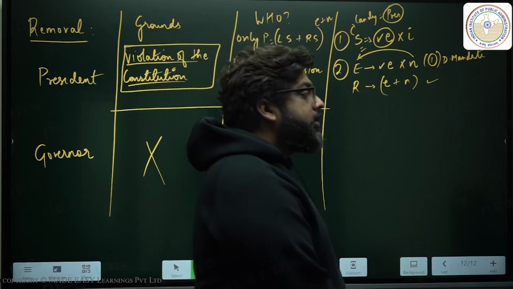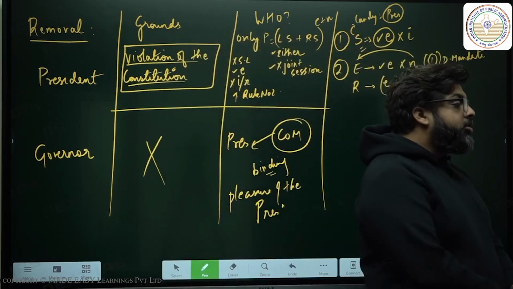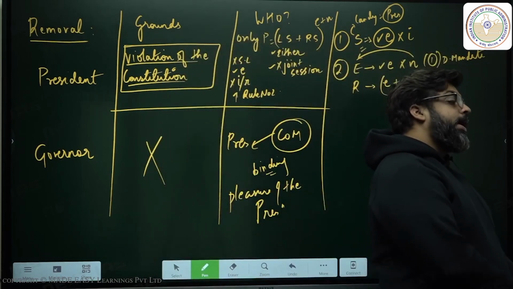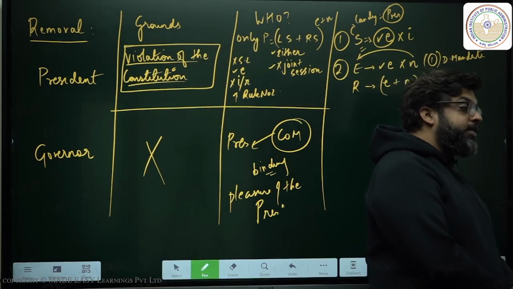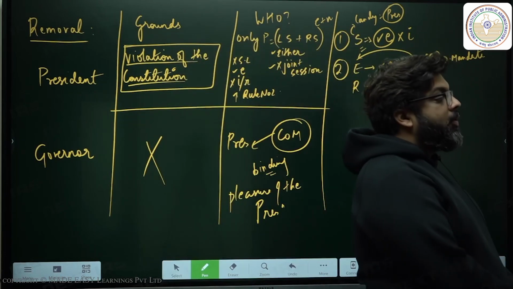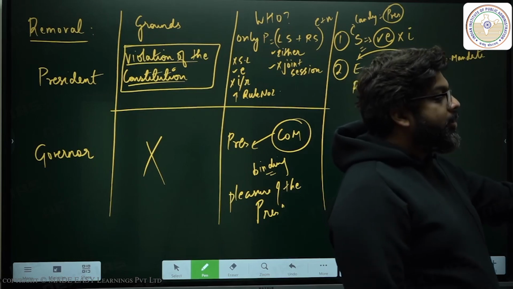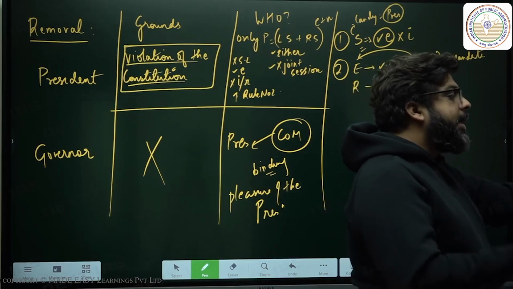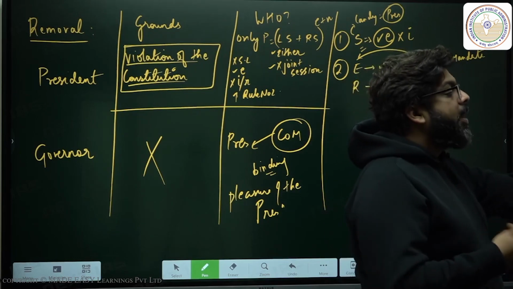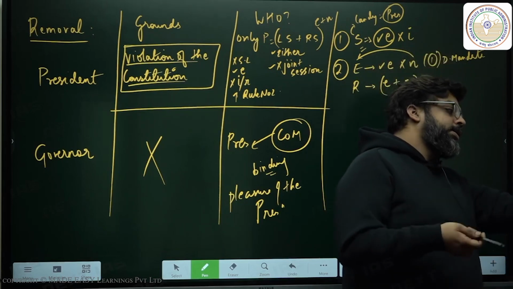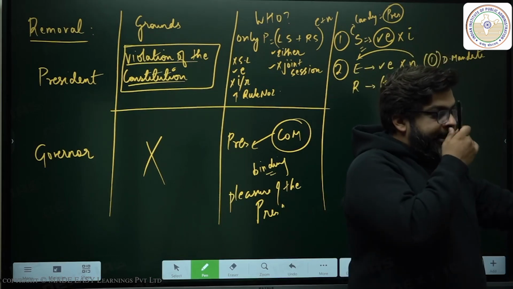The president has the powers to shut down state legislatures in the case of a state emergency. The president also has the powers to promulgate a national emergency, giving the powers to the parliament to also make laws on state subjects.